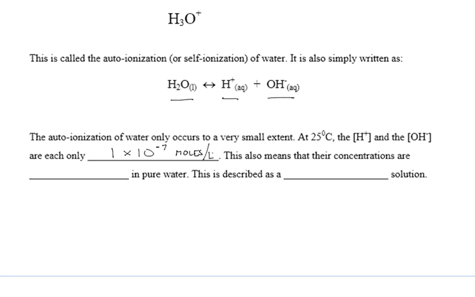This means since they each equal 1 times 10 to the minus 7th, that their concentrations are equal to each other. And this is then described as a neutral solution. So water will break apart into H pluses and OH minuses.